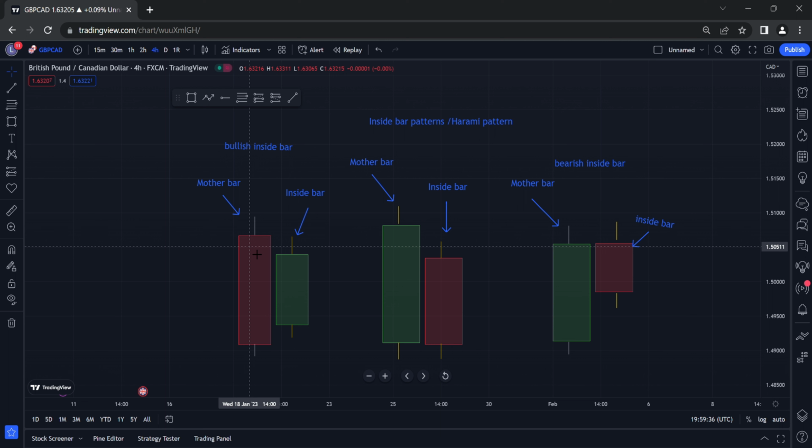For this mother bar, it opened here, then it moved up and down, and it closed here.